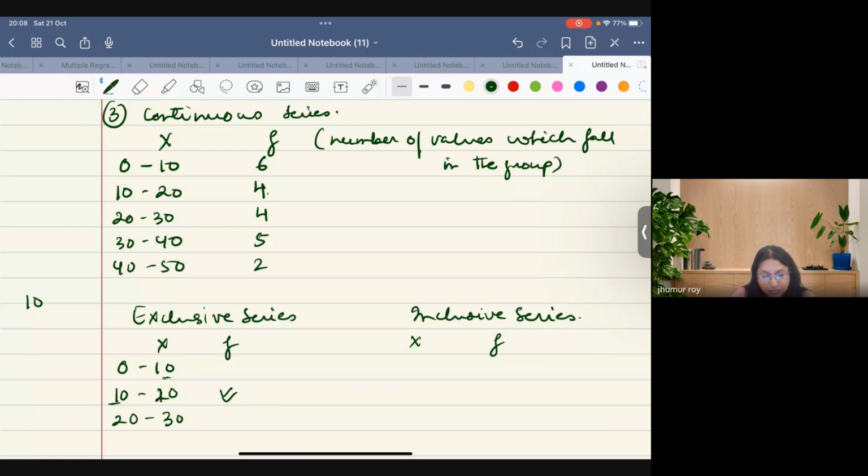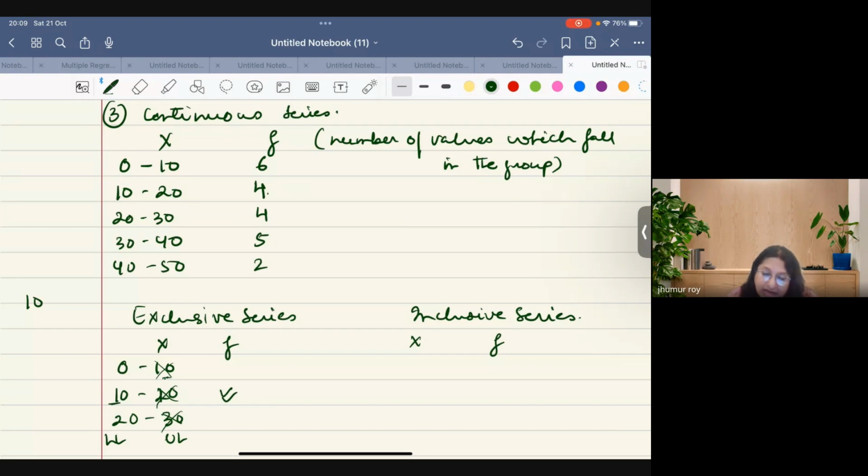Exclusive because we do not take into consideration the upper limit. This is called the upper limit and this is called the lower limit. So the lower value is the lower limit and the upper value is the upper limit. We do not consider the upper limit of a series when we are talking about an exclusive series. So if you have a value 10, it will come here.